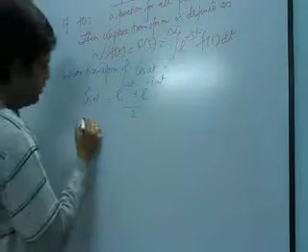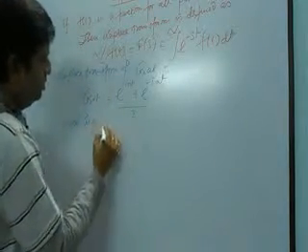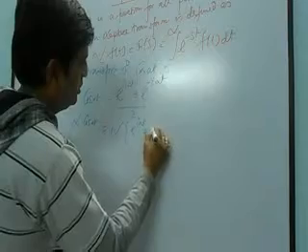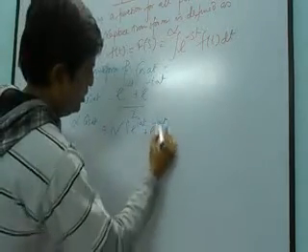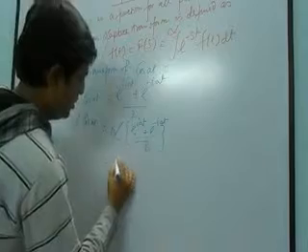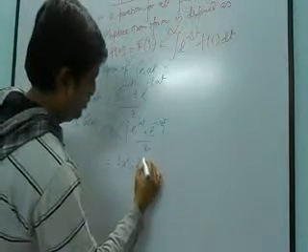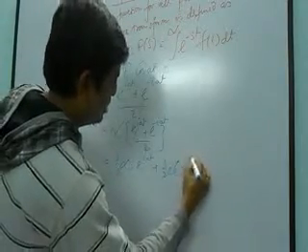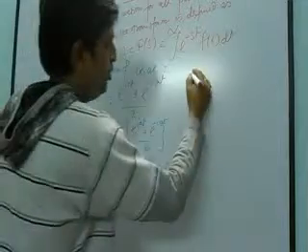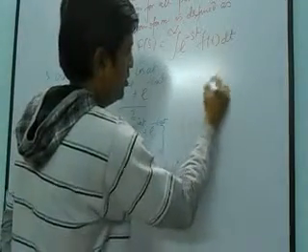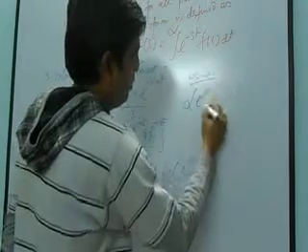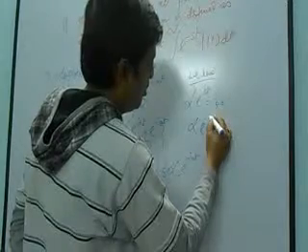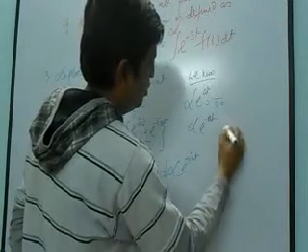Now the Laplace transform of cos at is equal to the Laplace transform of (e to the power iat plus e to the power minus iat) divided by 2. That is half of the Laplace transform of e to the power iat plus half of the Laplace transform of e to the power minus iat. So we know that the Laplace transform of e to the power at is equal to 1 by s minus a. Similarly, the Laplace transform of e to the power minus at is equal to 1 by s plus a.